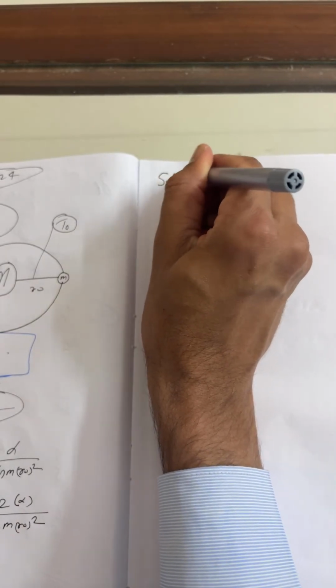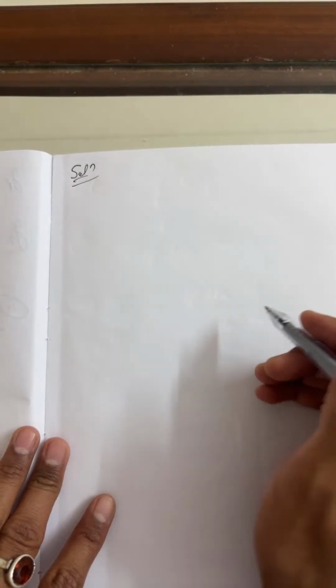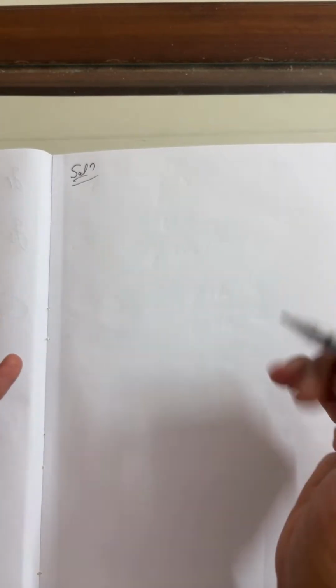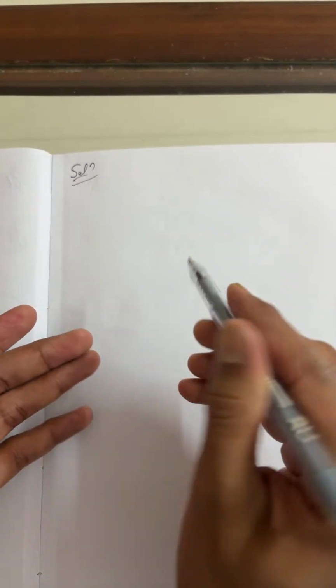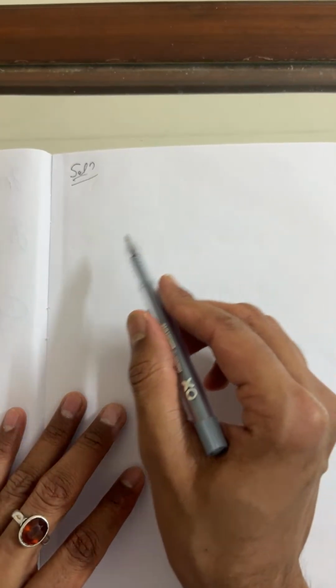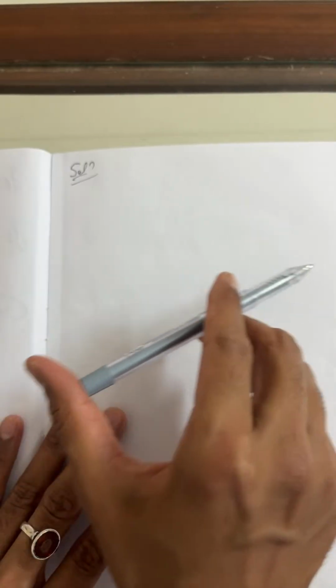If any particle is revolving on a circular path, what balances the motion of the particle? If there are two particles moving on a circular path, centripetal force is provided by gravitational force. If any particle is moving on a circular path, centrifugal force is always acting away from the center.